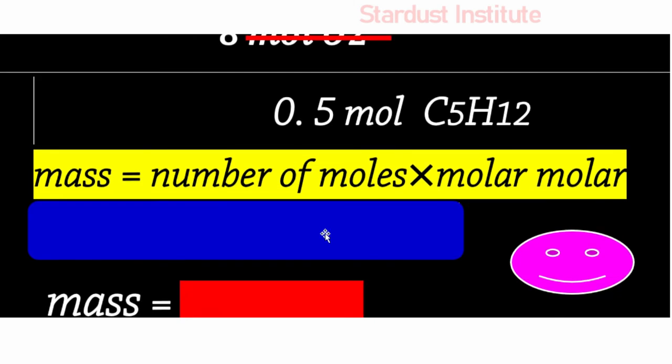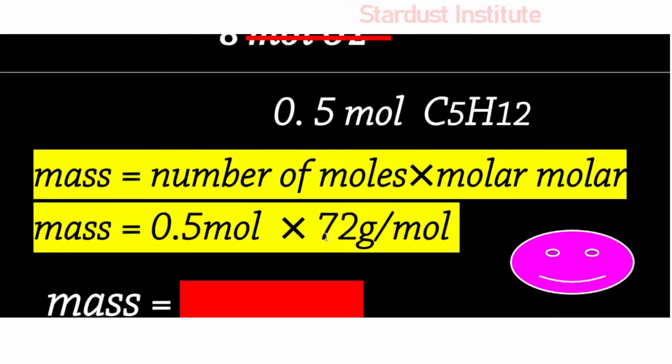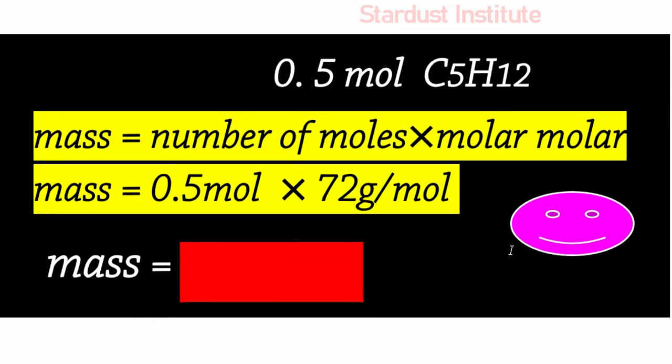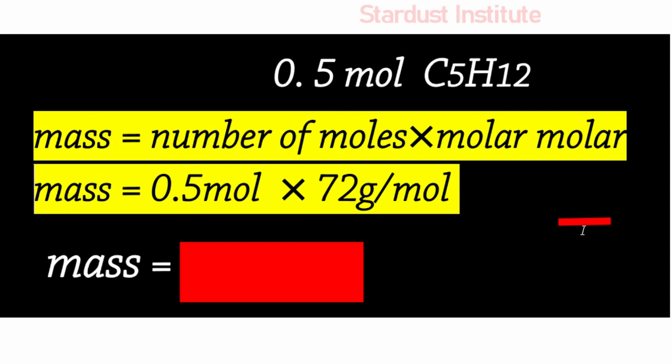Number of moles 0.5 and molar mass of pentane is 72 gram per mole. 5 carbons here, 12 times 5 is 60, and 12 hydrogen, altogether 72 gram per mole. 0.5 mole times 72 gram per mole. Here also we should cancel out units. Mole, mole.